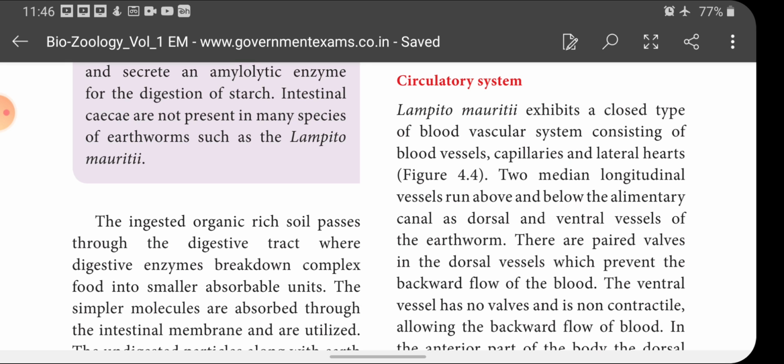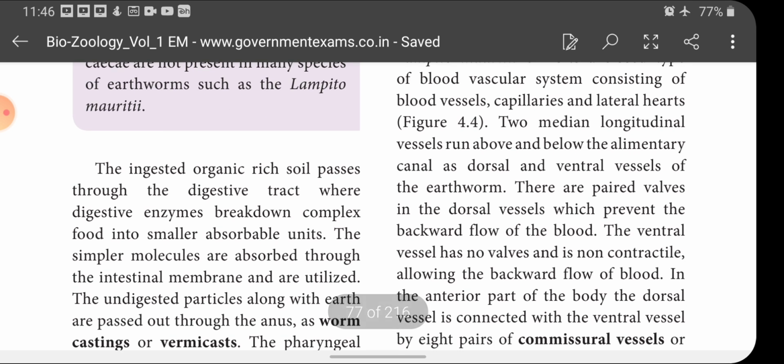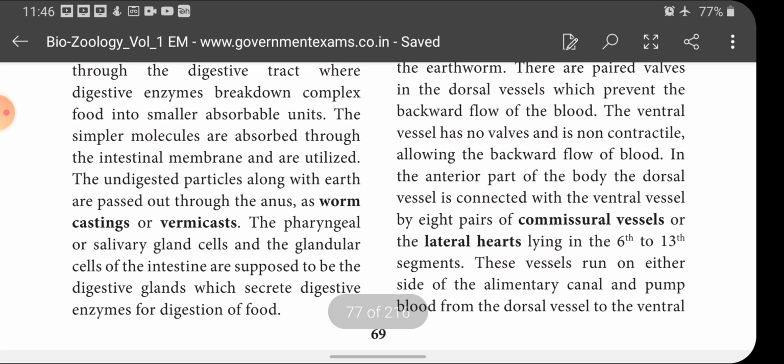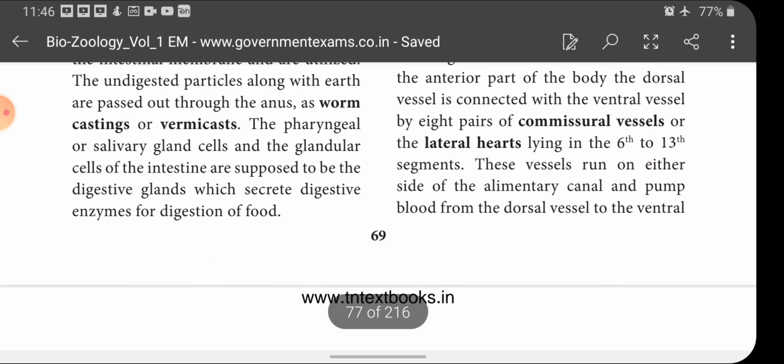The ventral vessel has no valves and is non-contractile, allowing the backward flow of blood. In the anterior part of the body, the dorsal vessel is connected with the ventral vessel by 8 pairs of commissural vessels or lateral cords, lying in the 6th to 13th segment. These vessels run on either side of the alimentary canal and pump blood from the dorsal vessel to the ventral vessel.